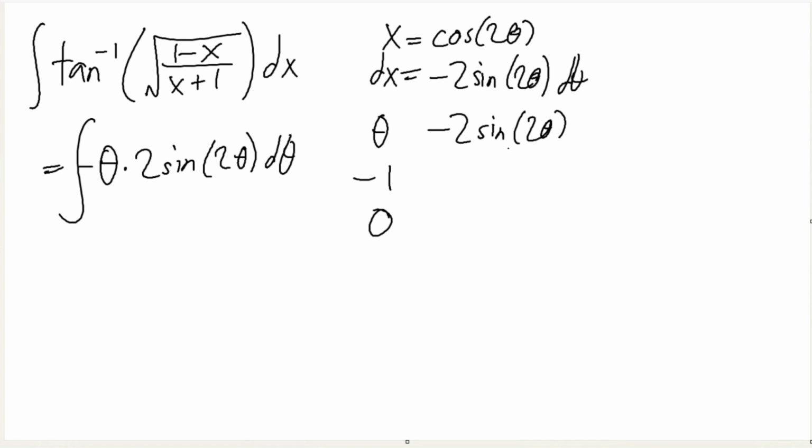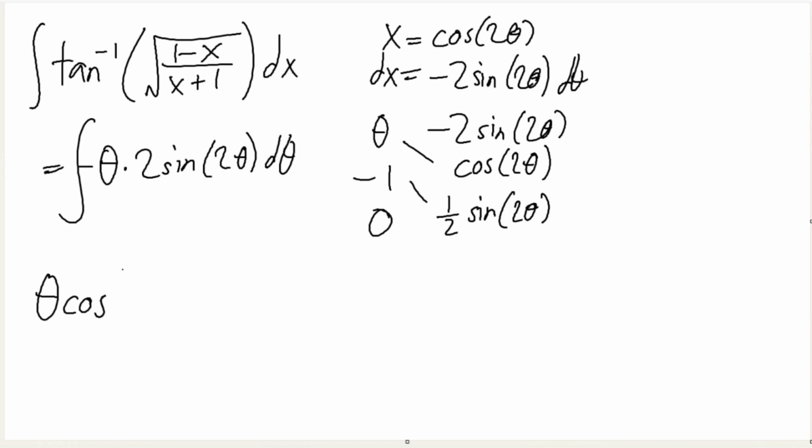And so now this is cosine. Well, I mean, that's where it came from. And then we can integrate it again. This becomes a half of sine 2 theta. And so now our answer is theta cosine 2 theta minus a half sine 2 theta.